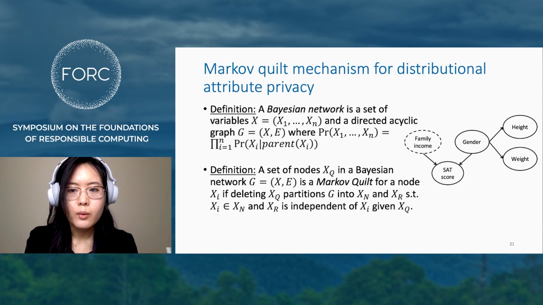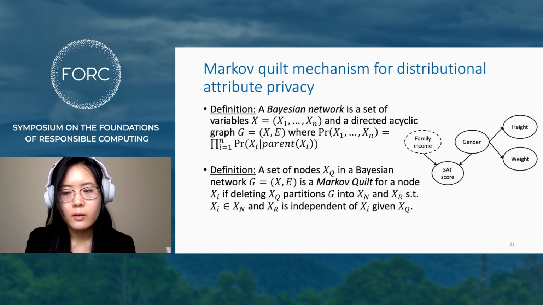So intuitively, we will use this to partition attributes into those which are highly correlated with our sensitive attributes, denoted x_N, and those which are only weakly correlated, denoted x_R.